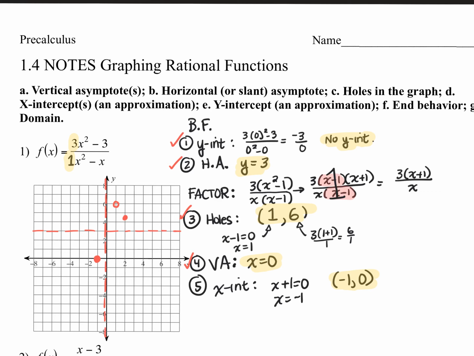That gives me another idea of what the point might be. I could plug in -2, and we would get 3 times -2 plus 1, that's going to be -5... -3 over -2, it's 1.5, sorry. I'm just doing these calculations quick in my head.